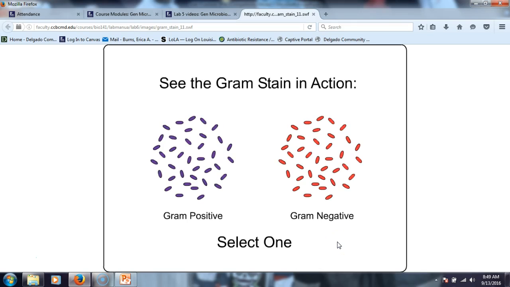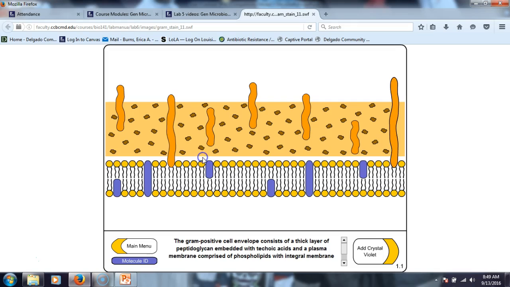So we're going to choose gram-positive first. Here's the script down below. This represents what you would see at an electron microscope. We're looking at the molecular level of a gram-positive cell.